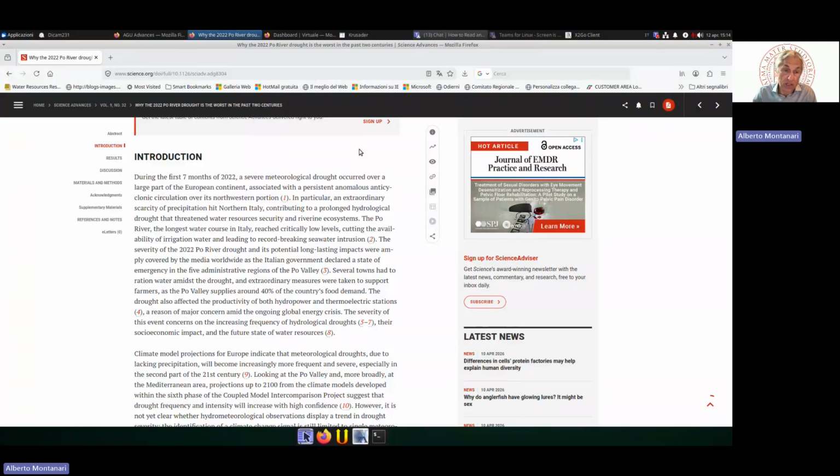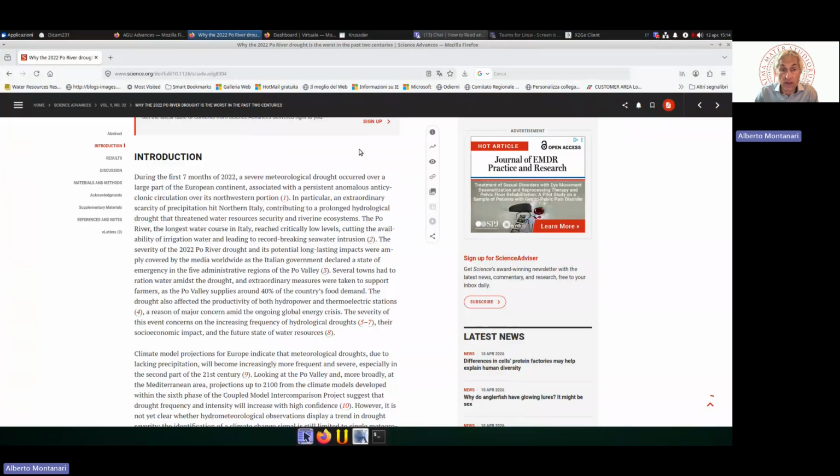And there are some details on the atmospheric conditions. In the second line, you read that a persistent anomalous anticyclonic circulation over Europe determined the scarcity of rainfall, of precipitation in general.